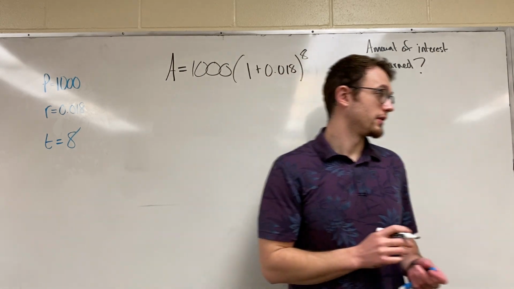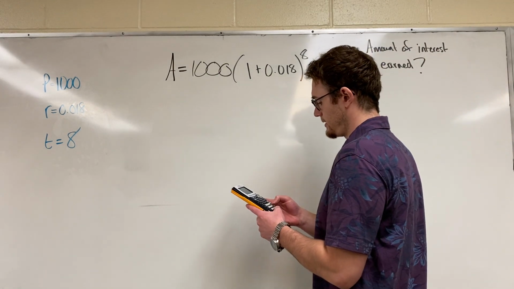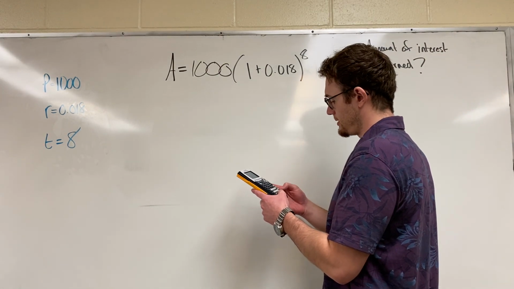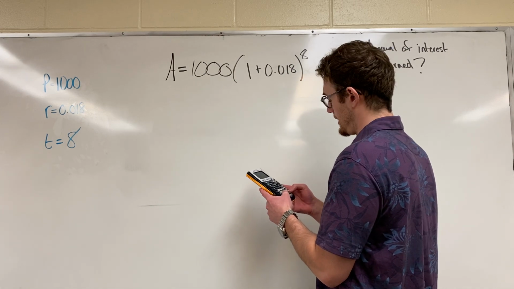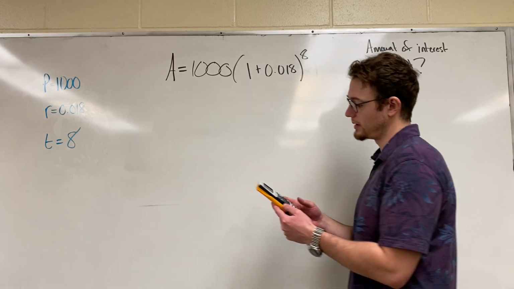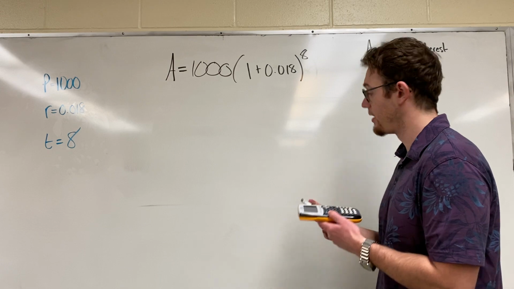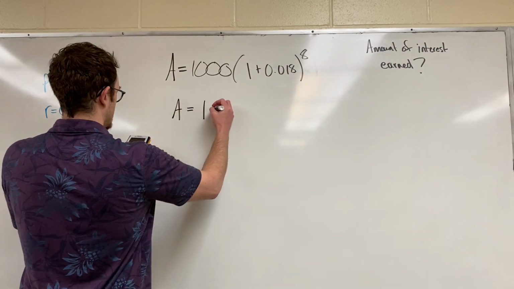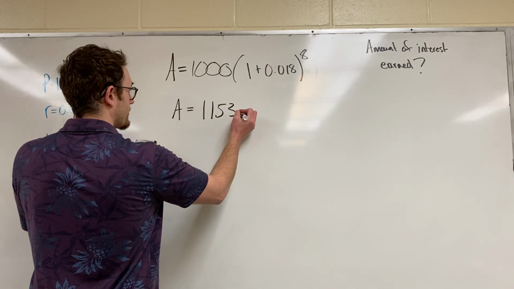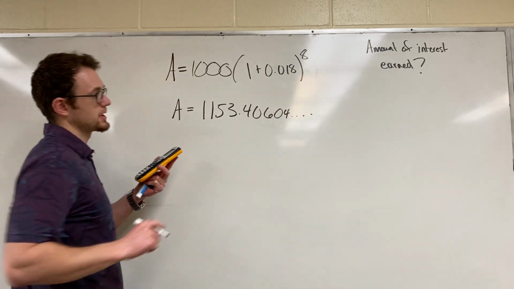If I grab a calculator and type that all in, you got 1,000, parenthesis 1 plus 0.018, parenthesis caret 8. We get A equals 1,153.04 and the decimal keeps going.